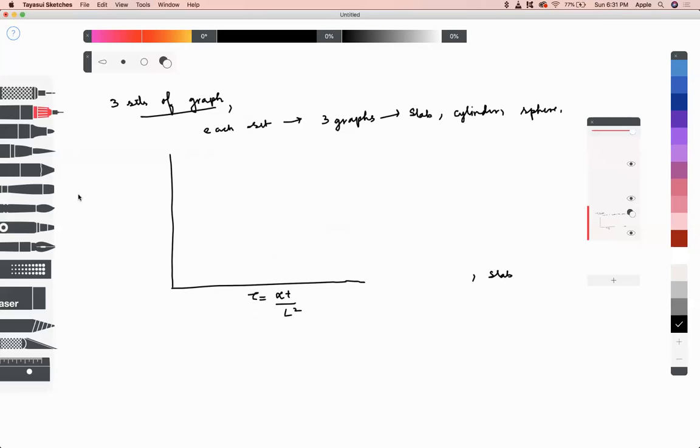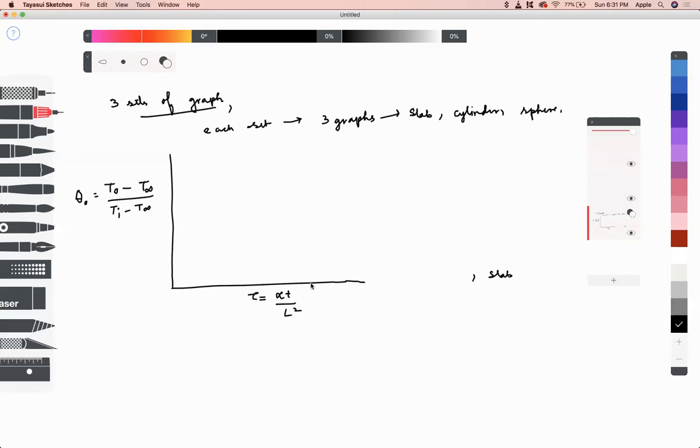And on this side you will have your temperature profile, that is theta naught. This will be T naught minus T infinity, where T naught is your center temperature, divided by Ti minus T infinity, and Ti is the initial temperature.